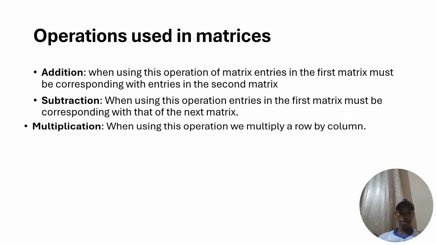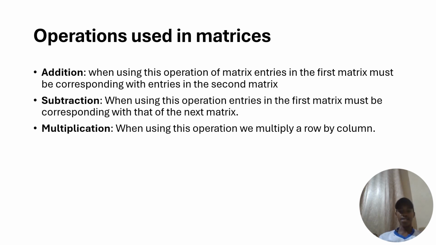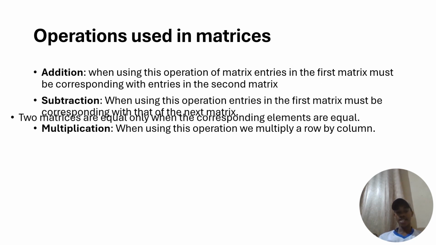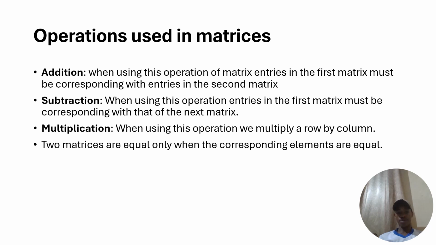We are also having multiplication as an operation used in matrices. When using this operation, we multiply a row by column.